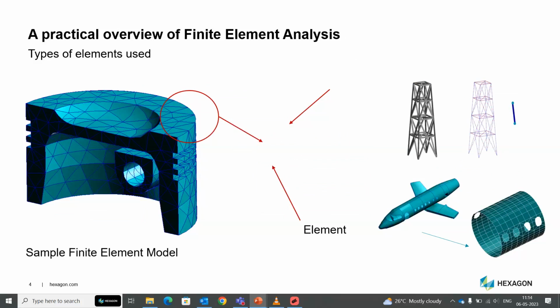So each element has a shape function which can be derived, and we know the shape function's behavior, so we can formulate each element to behave like a spring. So you have a stiffness matrix and a mass matrix, and for the applied loads and boundary conditions, you're able to evaluate the behavior. Now we simply sum up the behavior of all of these. We create what is known as a global stiffness matrix, and then we can solve the behavior of this structure quite easily.